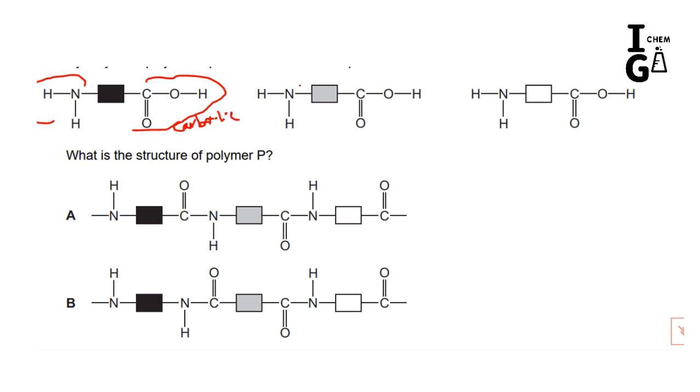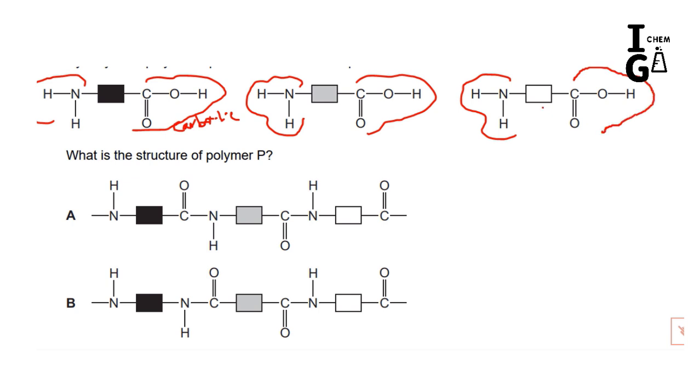Here also the second one, amine group, NH2, and carboxylic acid. So actually guys, every one of them has amine and carboxylic together, remember, it's called an amino acid. Every one of them actually is an amino acid. Amine and carboxylic acid, so amino acid.